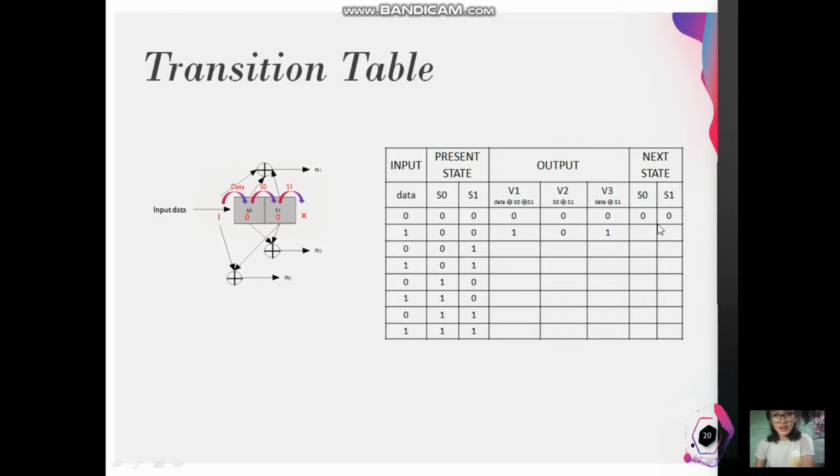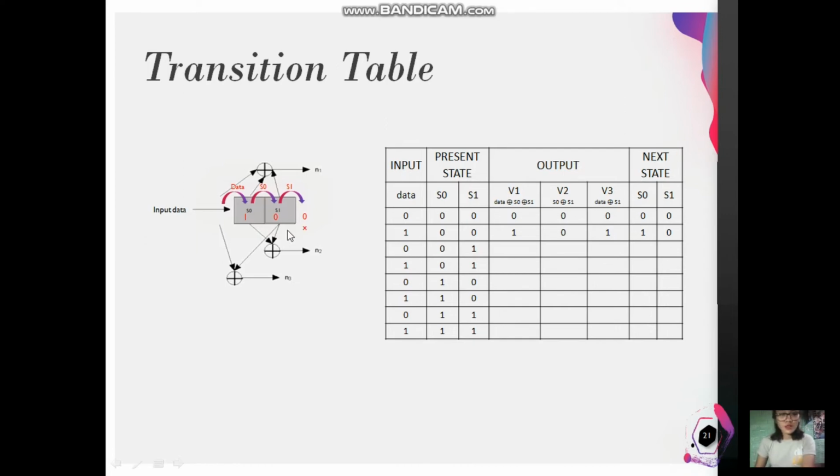So what will be the next state if our input data is 1 at state 0, 0? It will be 1 0 because the input data 1 has been shifted to S0, and the previous 0 from S0 has been shifted to S1, and this 0 from S1 has been discarded. So the new state will be 1 0.